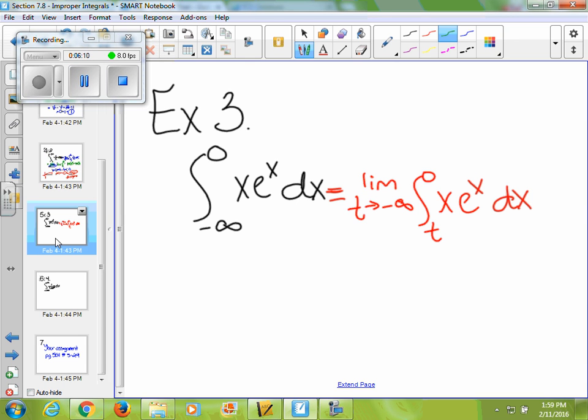Anybody have any suggestions for how to integrate that function? Integration by parts. Yeah, so we're going to integrate it by parts. So I'm going to let f of x be x, g prime of x be e to the x.